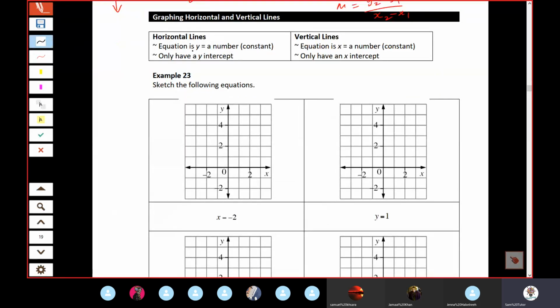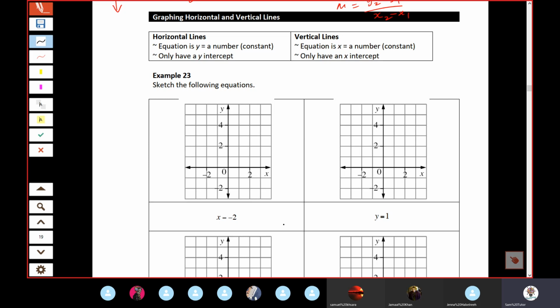Graphing horizontal and vertical lines. Usually the only mistake students make here is that they mix up the graphs of x equals and y equals.